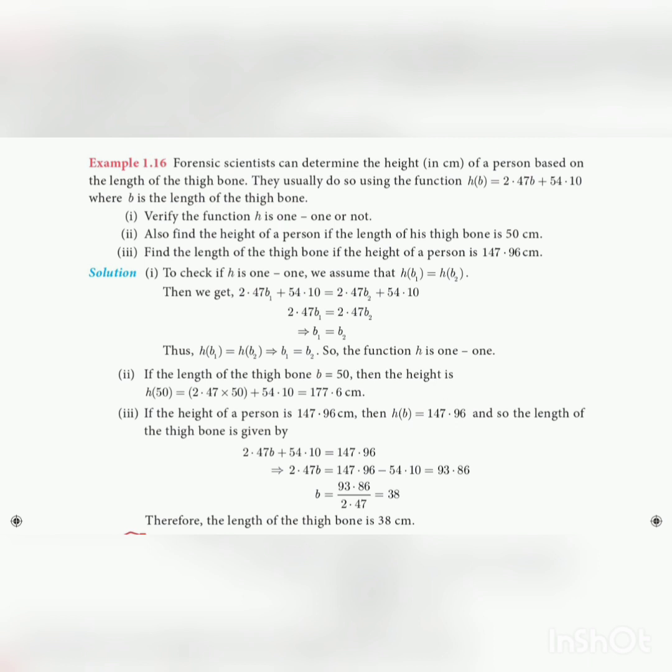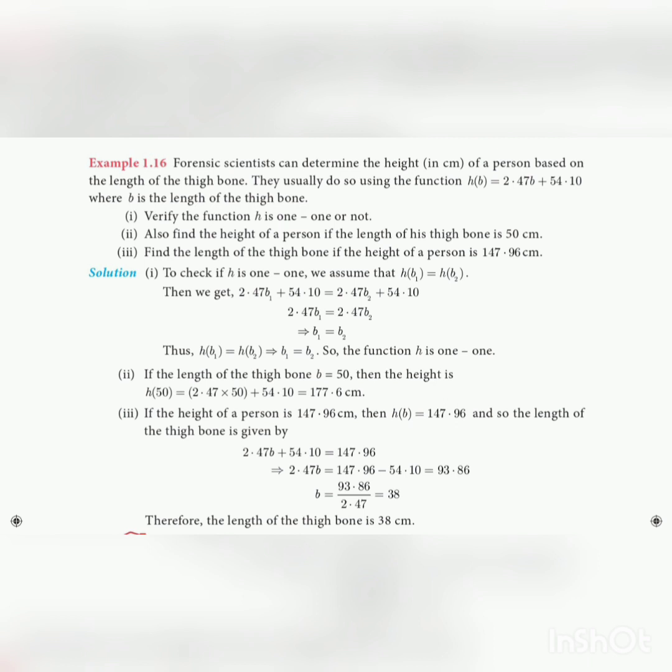So if two images are equal, and then the respective elements are also equal, this means the given function is one to one. This is the procedure to prove a given function is one to one in general. If the images are not equal, we can conclude that it is not one to one. But here, the assumption h of b1 equal to h of b2 gives b1 equal to b2. Therefore, this function is one to one.